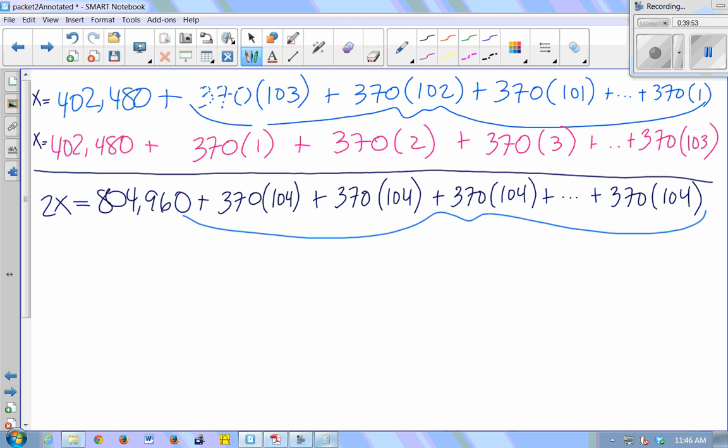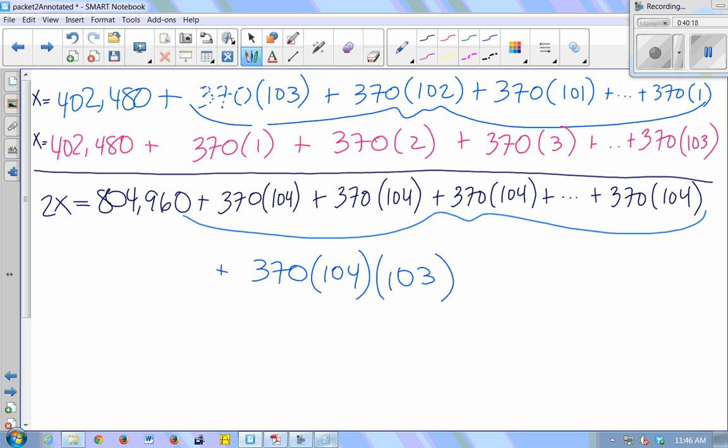No, 103. Yeah, 103 times. If you look at these numbers here, I have 1, 2, 3, up to 103 terms. So I have 370 times 104, that number is added to itself 103 times.